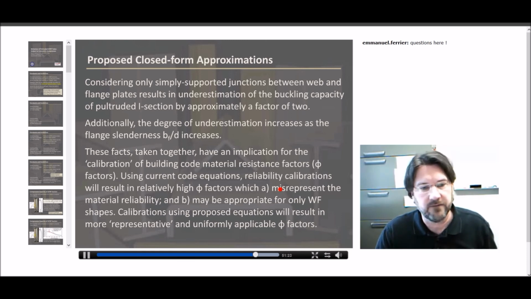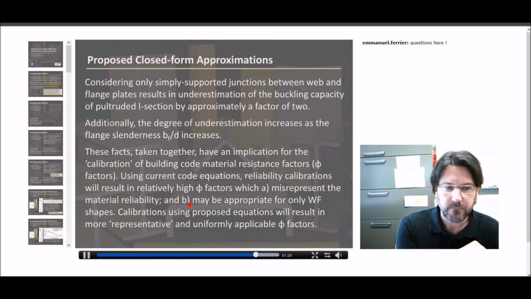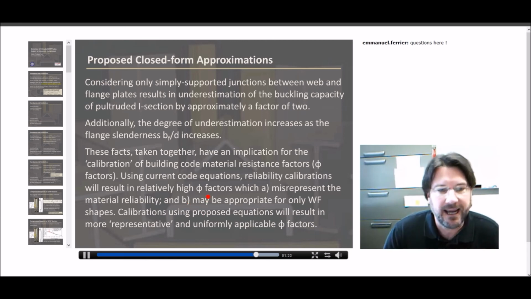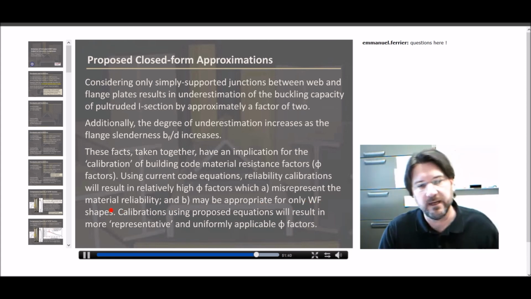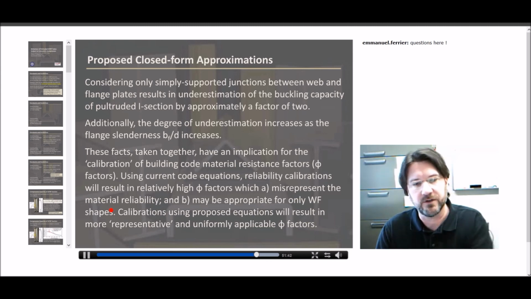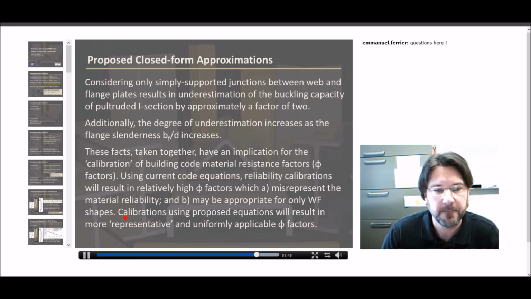A very high phi factor misrepresents the material reliability, misrepresents the variation and the imperfections in the material, and really is only shown to be appropriate probably for wide flange shapes, which implies then that we need to have a different phi factor for different shapes, which is not a particularly practical approach from a code perspective.